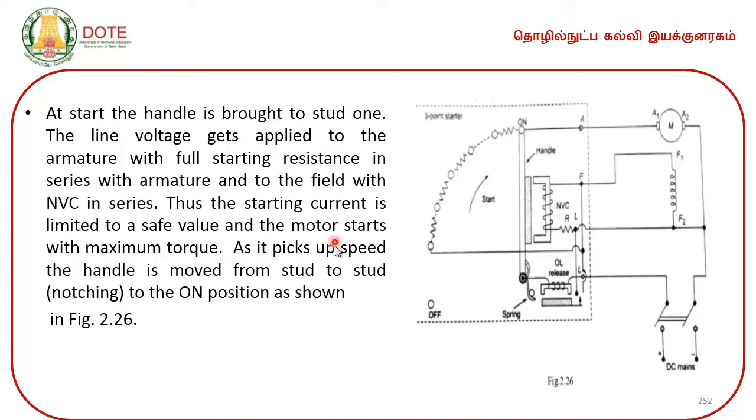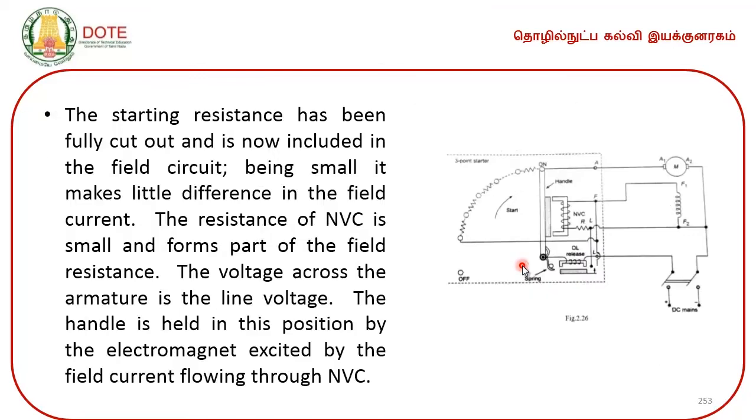As it picks up speed, the handle is moved from stud to stud to the on position as shown in figure 2.26. The starting resistance has been fully cut out and is now included in the field circuit. So, this is the final resting position of the handle.